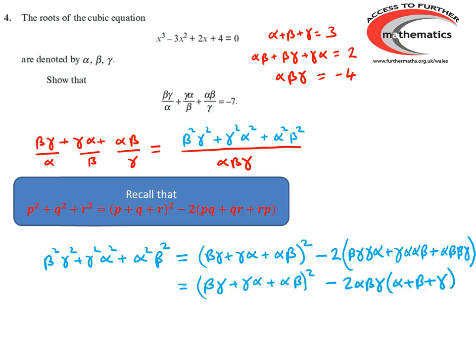So that's beta gamma plus gamma alpha plus alpha beta all squared. And the second term has got a common factor of 2 alpha beta gamma running through it.